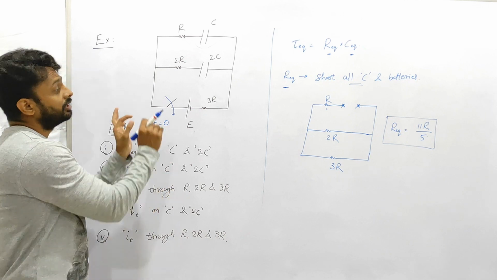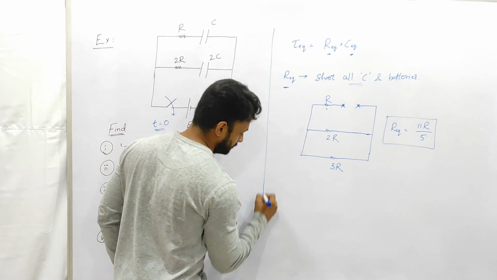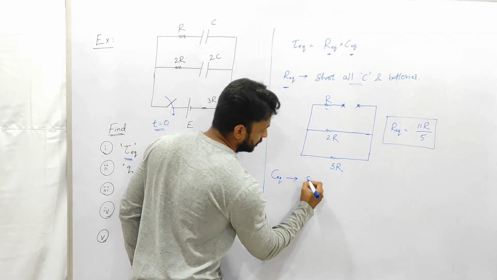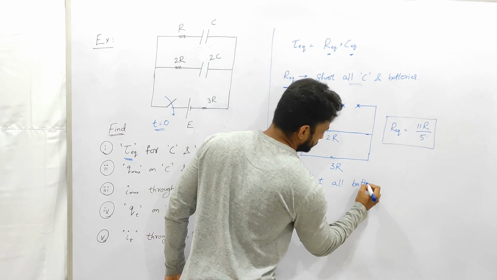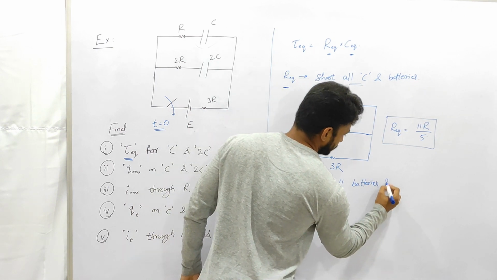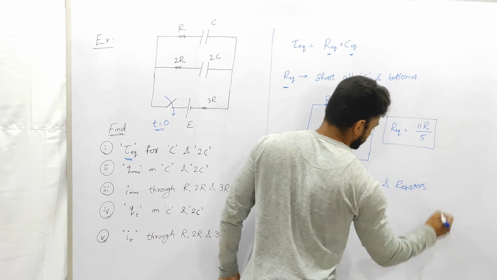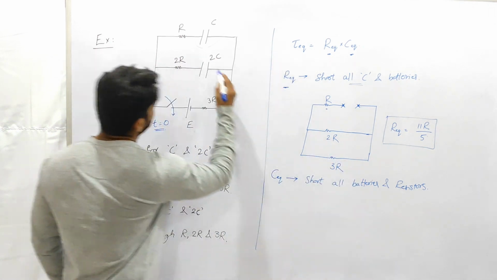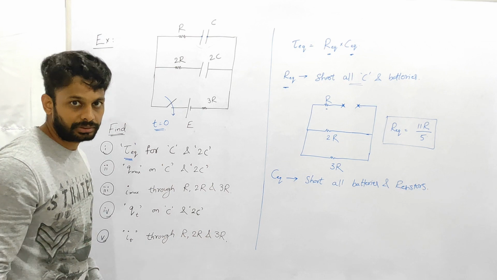So C equivalent is found by shorting all batteries and resistors, and after that we find the C effective across the required capacitor.